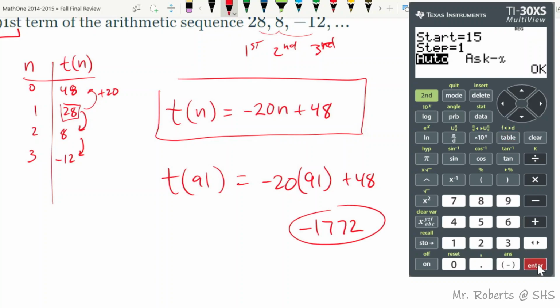The table's the same, and I'm just going to hit this until I get down to 91. I am now at term 91. Yeah, negative 1,772.